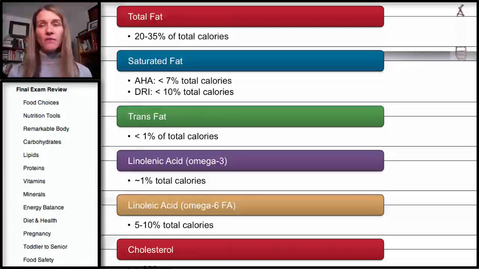Remember, this is still a controversial topic. Trans fat, pretty much as little as possible, less than 1%. There is no reason you should ever have trans fats in your diet. There's no health benefit from that. Omega-3 and omega-6 fatty acids are both our essential fatty acids, meaning we need them from our diet for health. And then cholesterol should be less than 300 milligrams.